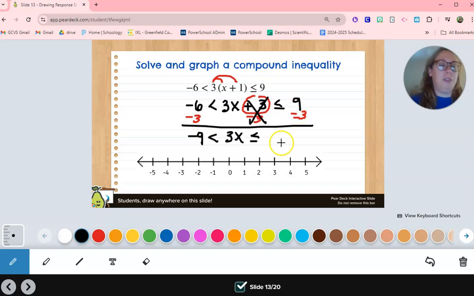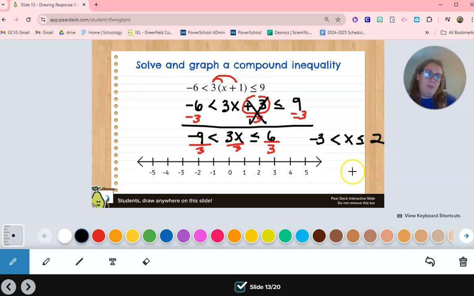So less than or equal to 9 minus 3 is 6. Okay. Last step we're going to do here is get rid of that 3. So we're dividing everything by 3. And our inequality reads negative 3 is less than x, which is less than or equal to 2.